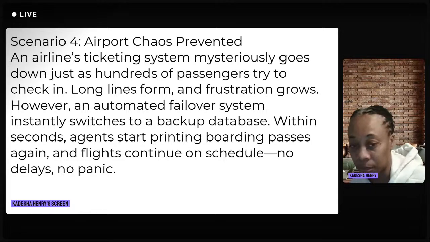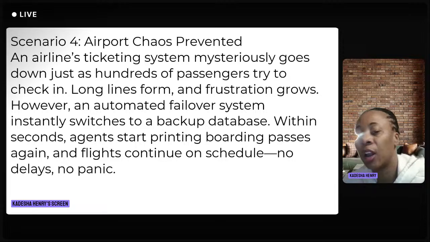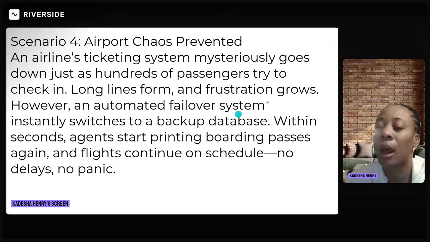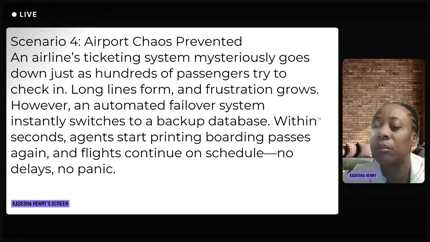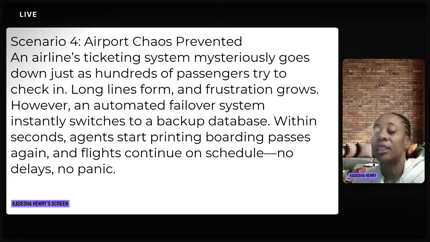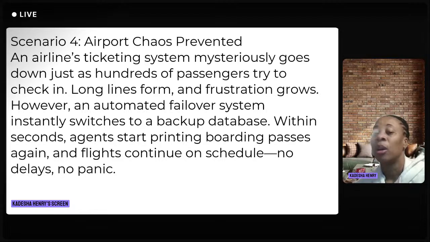However, an automated failover system instantly switched to a backup database within a second. And within a second they started printing boarding passes again and flights continued, because they had a failover system.